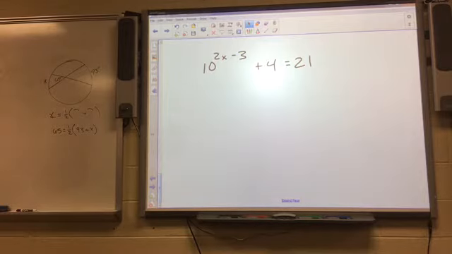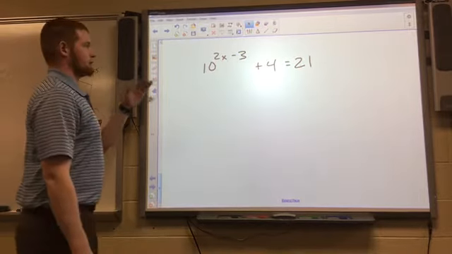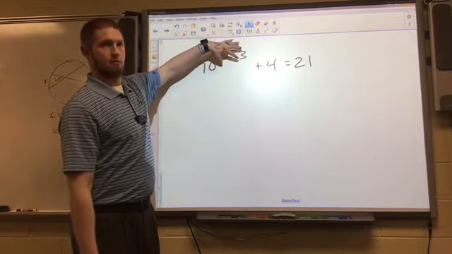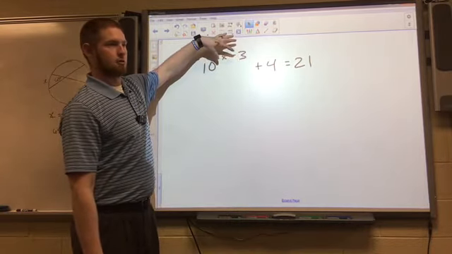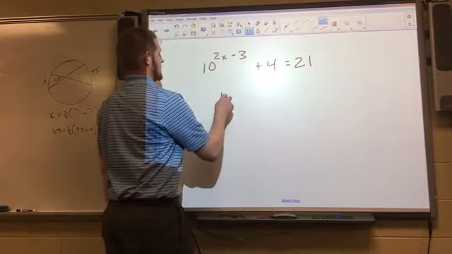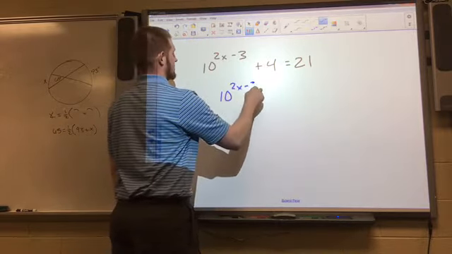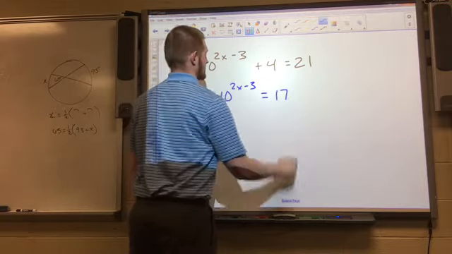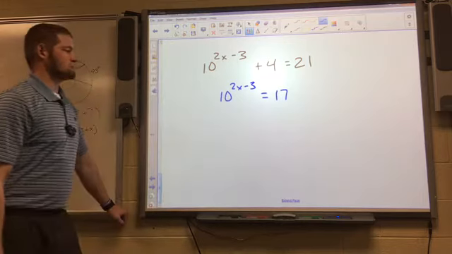Our rules of equation solving still apply. You need to get this by itself. So what do you have to get rid of first? You have to get rid of that 4. So let's subtract our 4. So I have 10 to the 2x minus 3 equals 17.